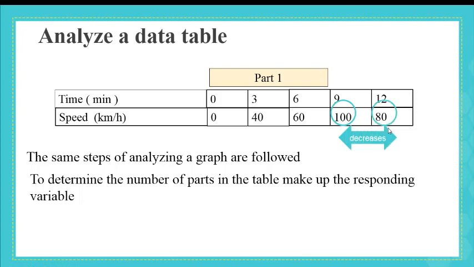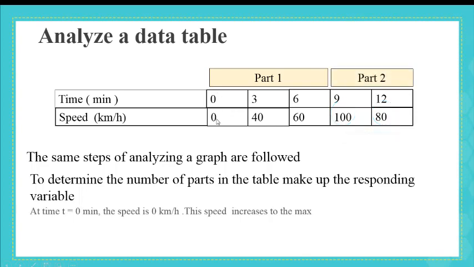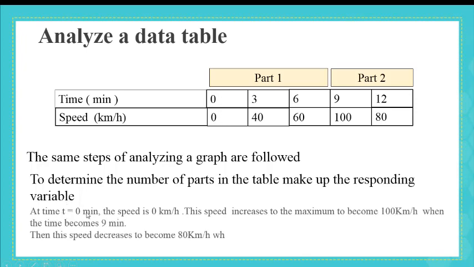Now we should organize these values and data in a clear and short paragraph. How? Start from the beginning or the start point. At time t equals 0 minute, the speed is 0 km per hour. Continue.